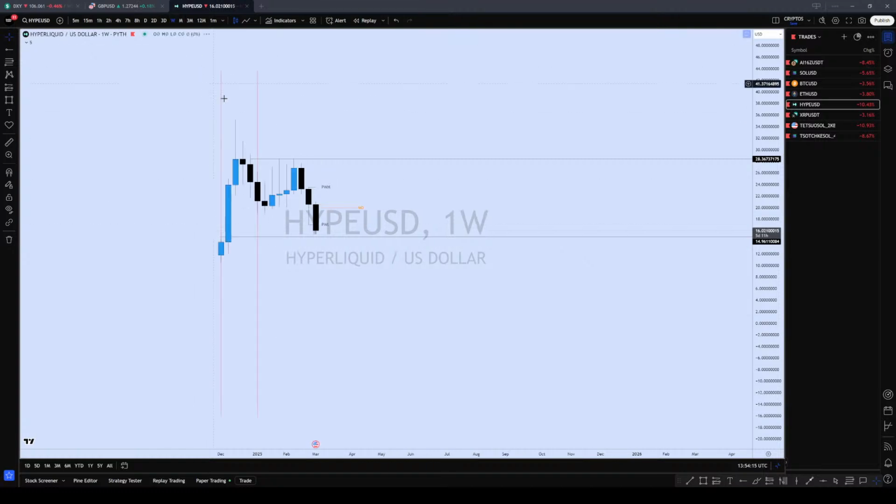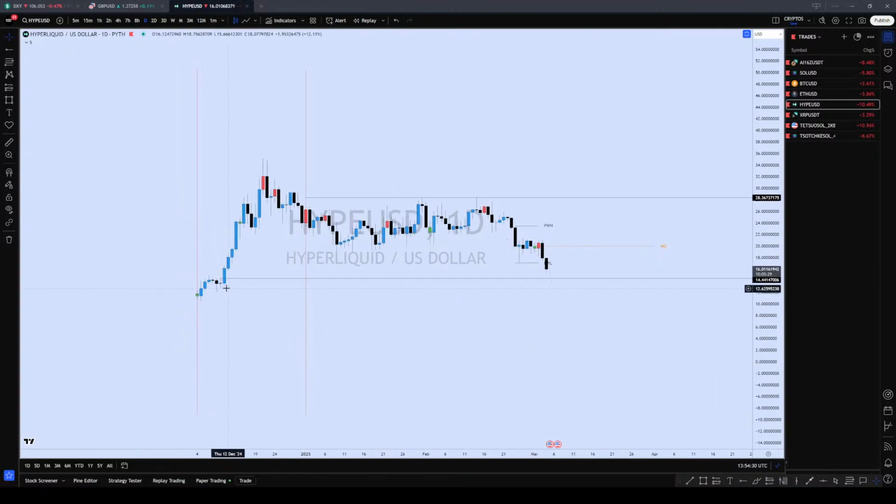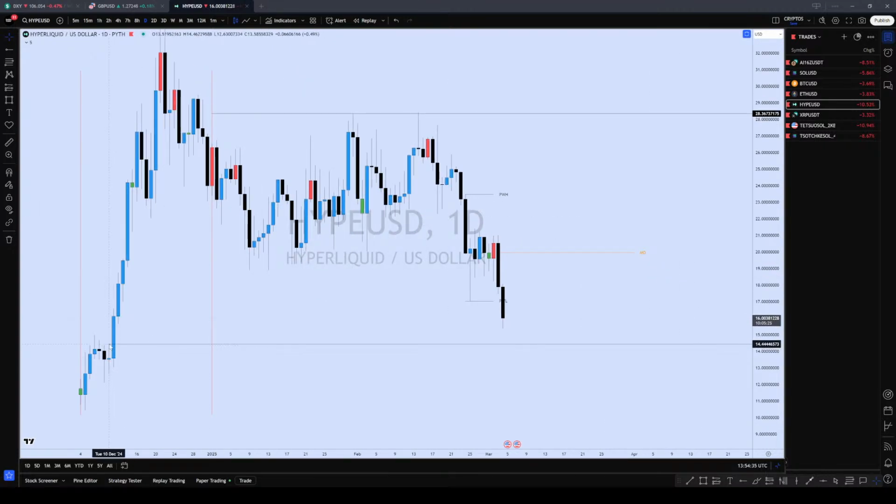Okay, so watch 1496. That's where price will trade to next. And within that area, if you want a specific price point, then it will be this candle's high, 14.444. So that's hype.